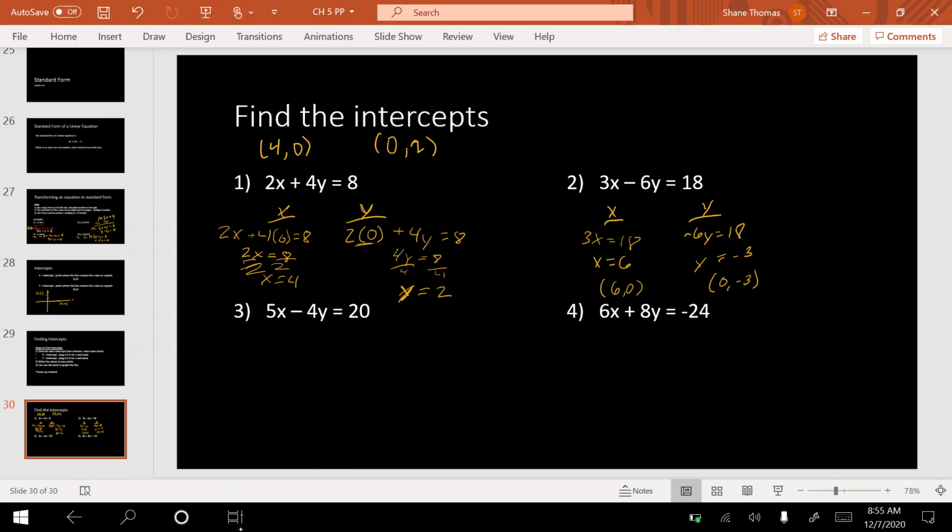Now, if you use the cover-up method, you just have to be a little careful. It makes it easier to solve, but don't forget that you plugged a 0 in. So whenever you're getting your final 2 points, make sure that when x is 6, you have (6, 0), and when y is negative 3, you have (0, -3). All right, try the last 2.